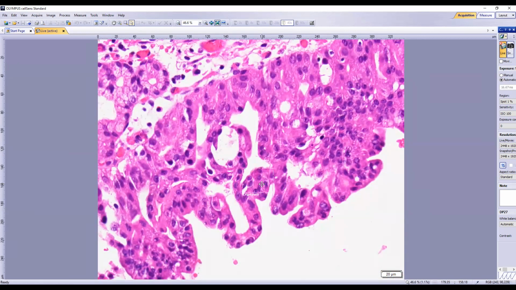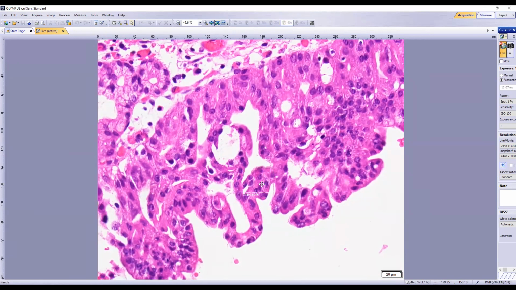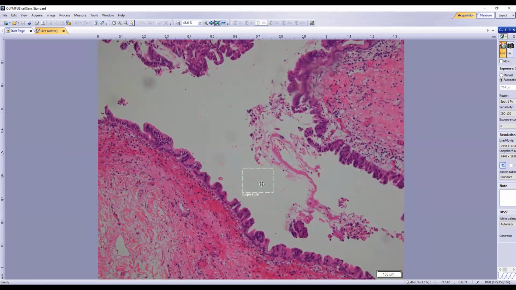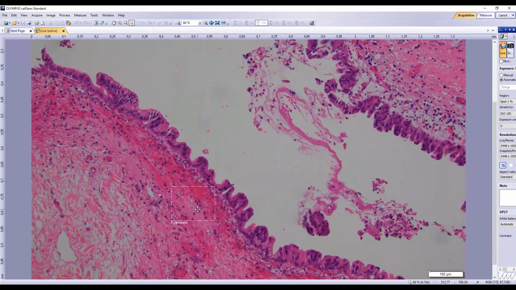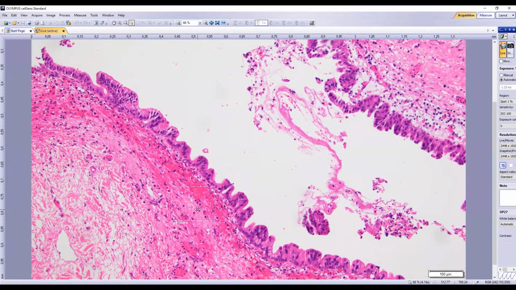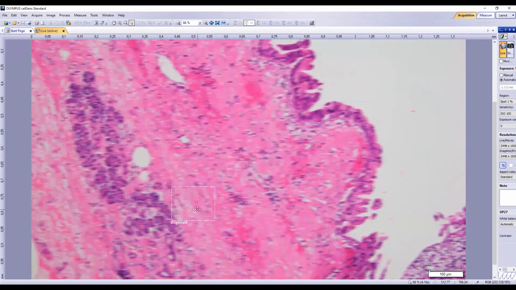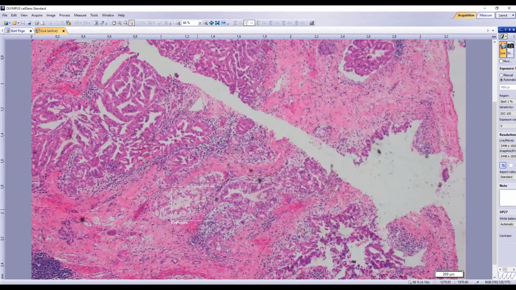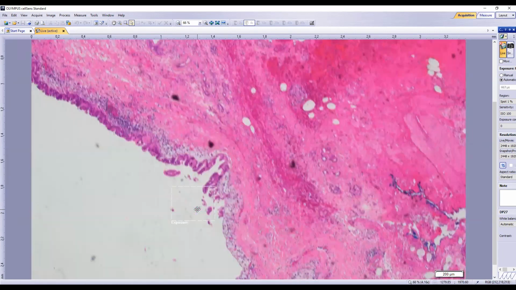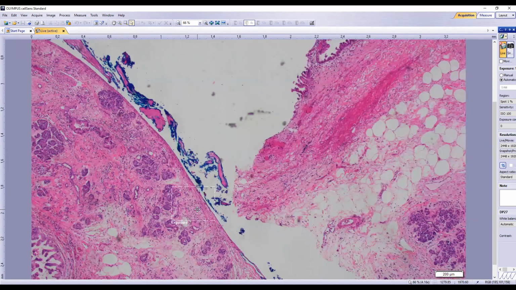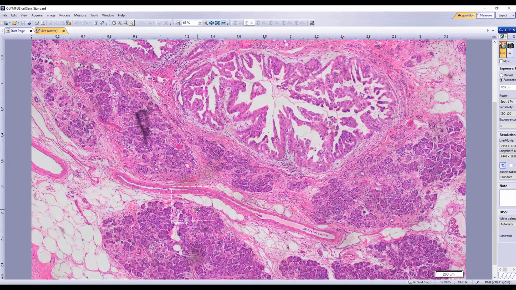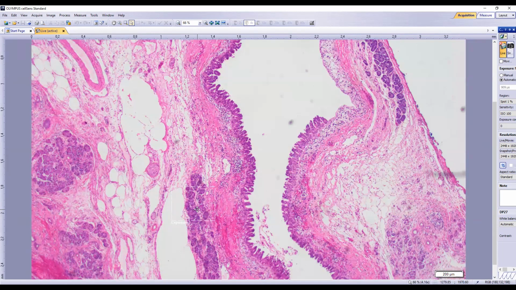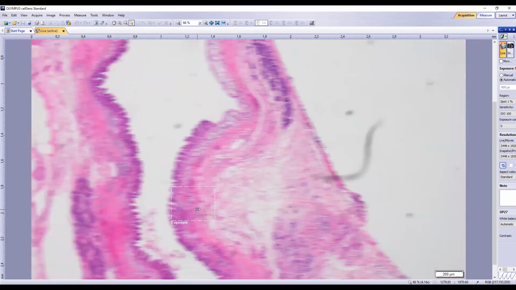I'm showing you the particularly characteristic areas. I'll go to low power so you can appreciate the cyst itself. Looks like tannin to some extent as well. Well, tannin is a size criteria, right? Anything less than 0.5 centimeter. This is 5 centimeters. Is this pancreatobiliary type IPMN? It is. So this is the pancreatobiliary type IPMN.